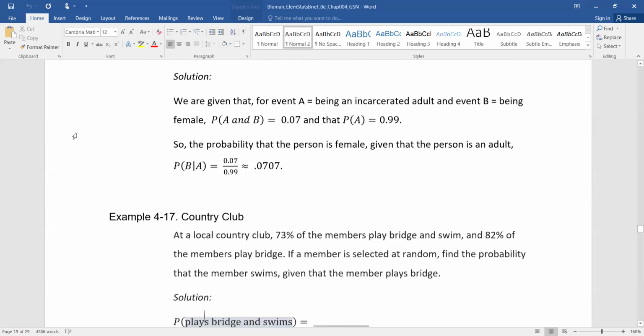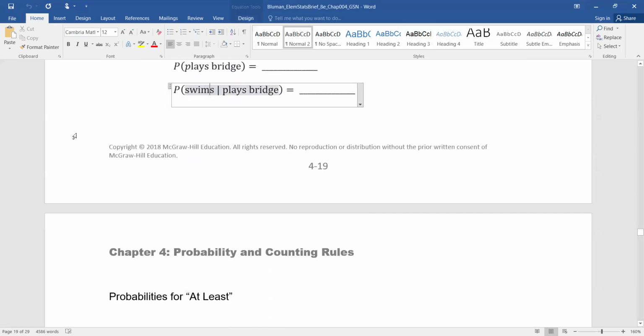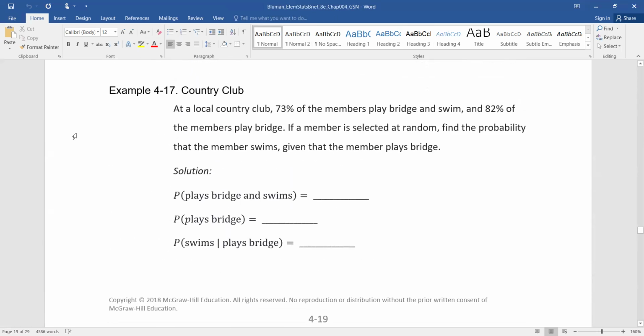Let's look at another example, example 17. In example 17, we're talking about a country club. At a local country club, 73% of the members play bridge and swim. 82% of the members play bridge.